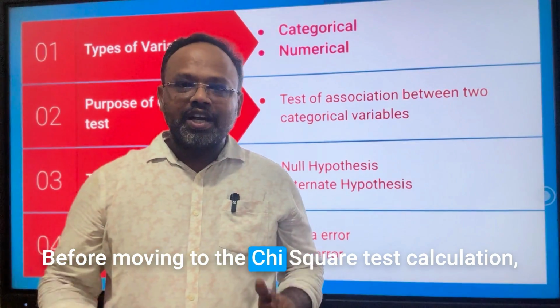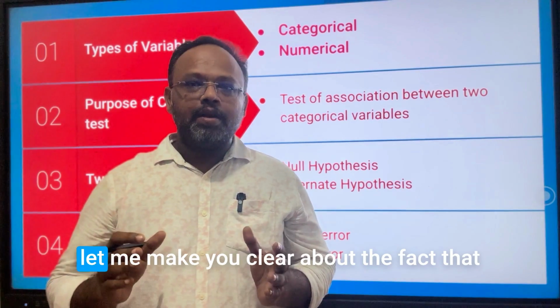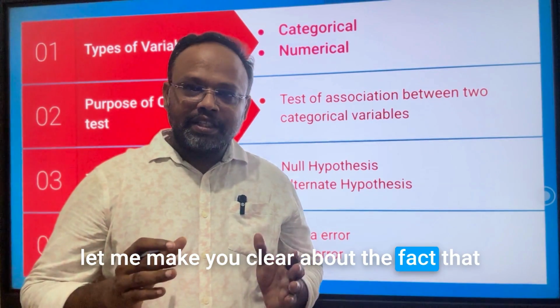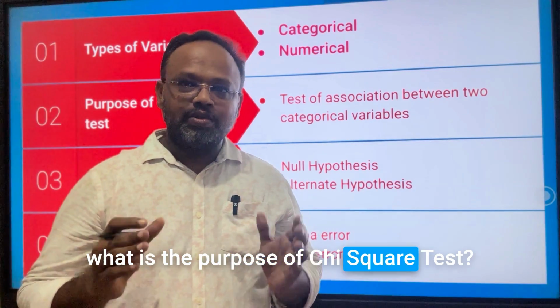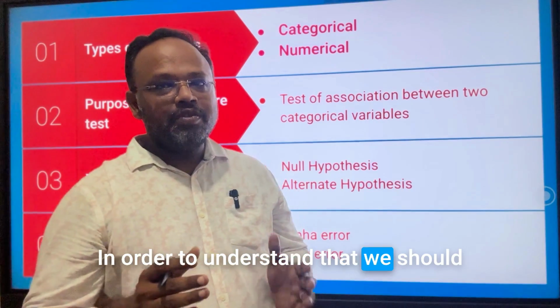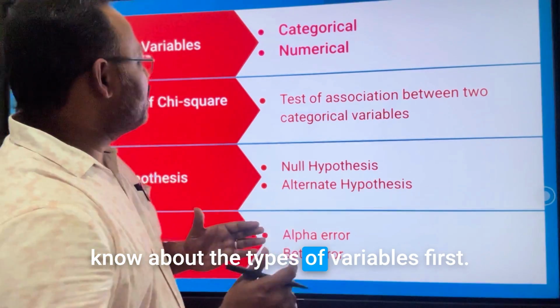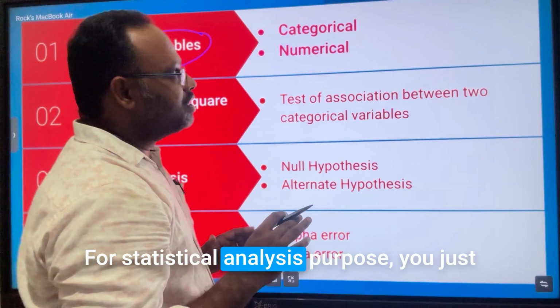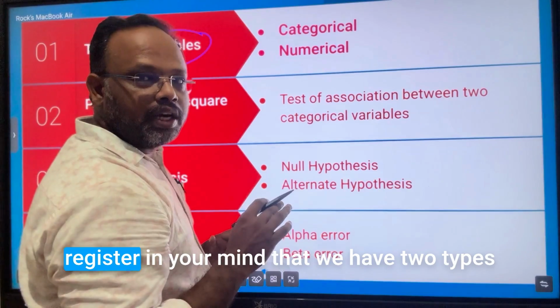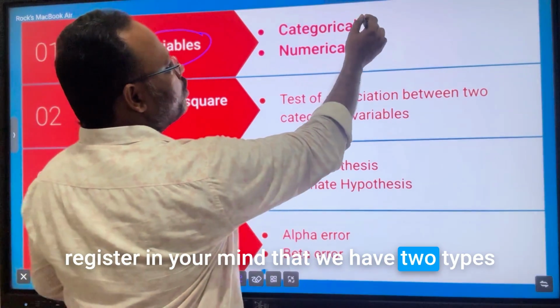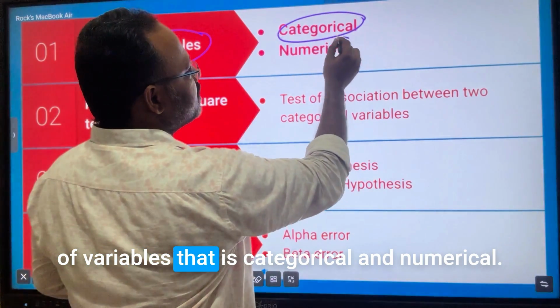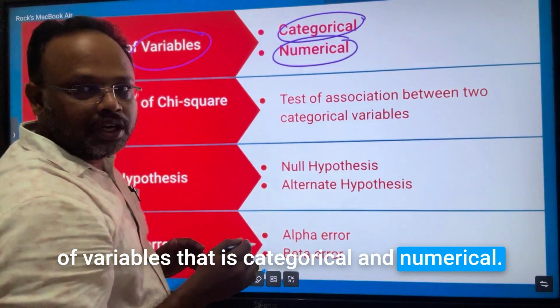Before moving to the chi-square test calculation, let me make you clear about the purpose of chi-square test. In order to understand that, we should know about the types of variables first. For statistical analysis purpose, just register in your mind that we have two types of variables, that is categorical and numerical.